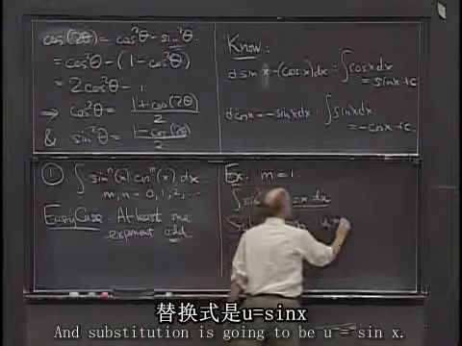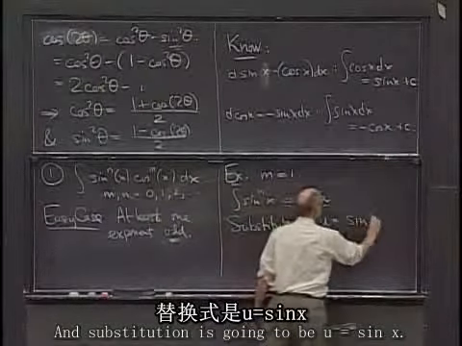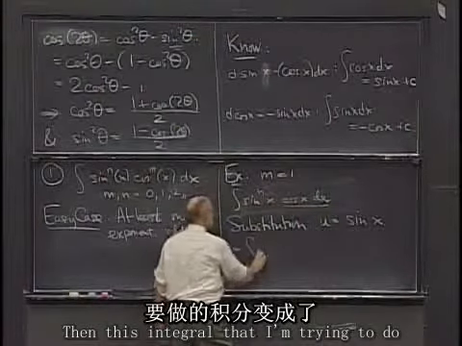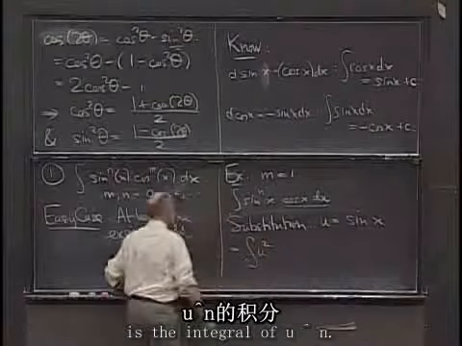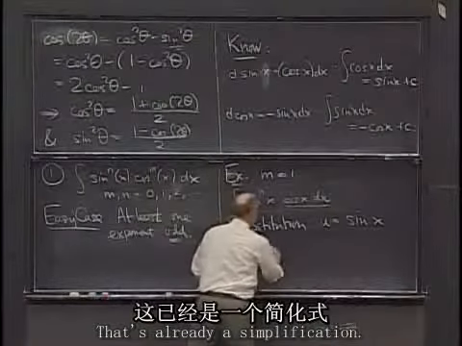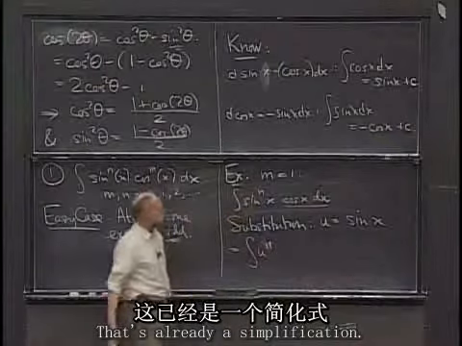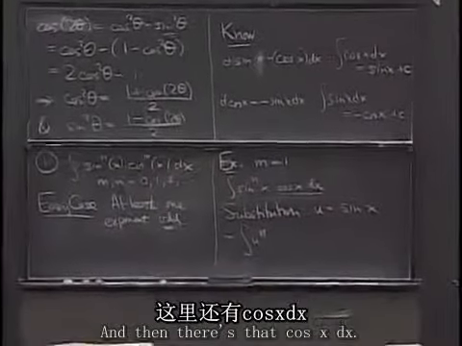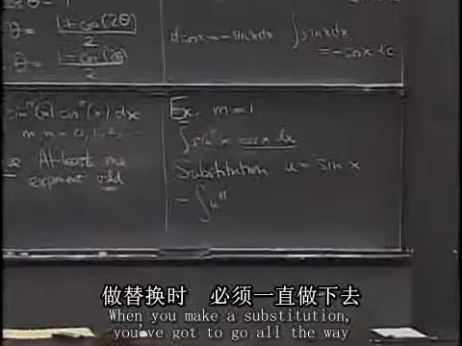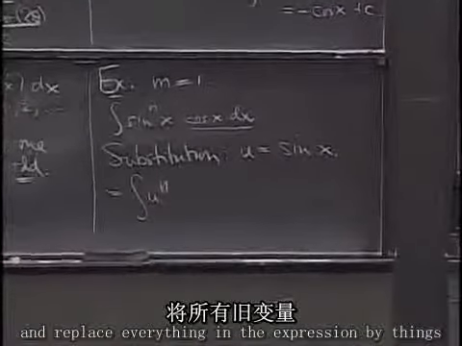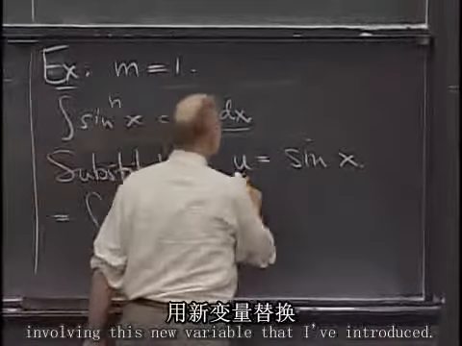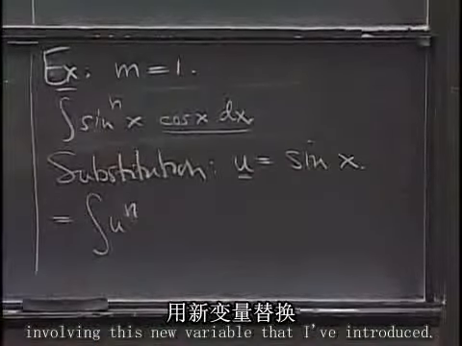And the substitution is going to be u is the sine of x. And here's why. Then this integral that I'm trying to do is the integral of u to the n. That's already a simplification. And then there's that cosine of x times dx. When you make a substitution, you've got to go all the way and replace everything in the expression by things involving this new variable that I've introduced.